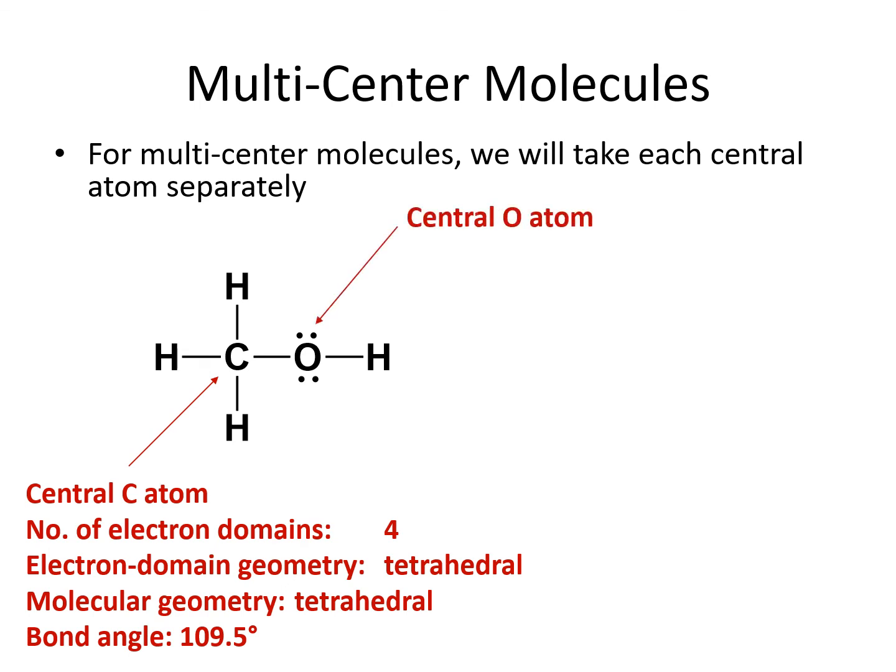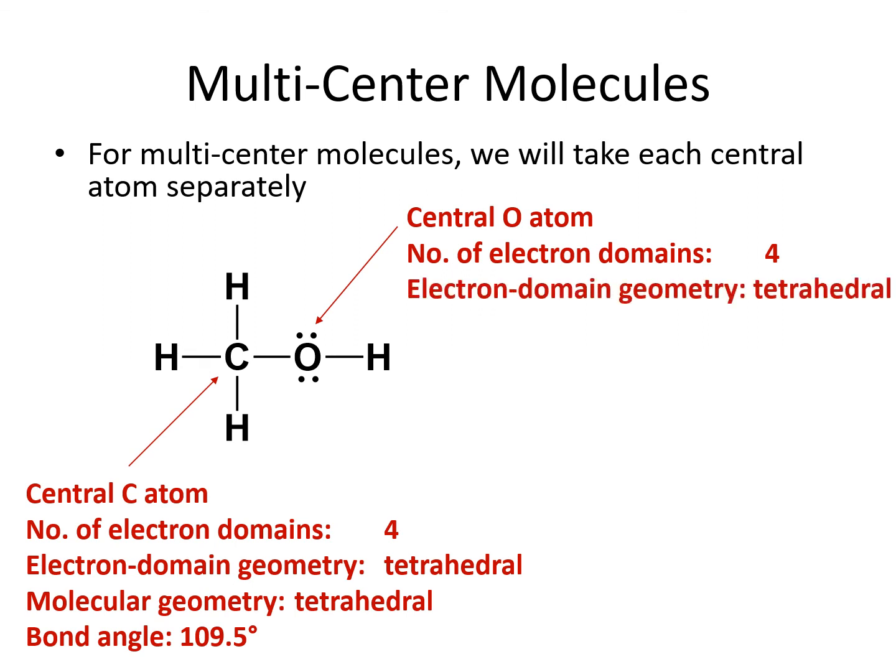Next, we can treat oxygen as the central atom. It has 2 single bonds and 2 lone pairs for a total of 4 domains. Again, 4 domains corresponds to a tetrahedral electron domain geometry. This time, however, the molecular geometry is different. Because 2 out of our 4 domains are lone pairs, our molecular geometry is bent.